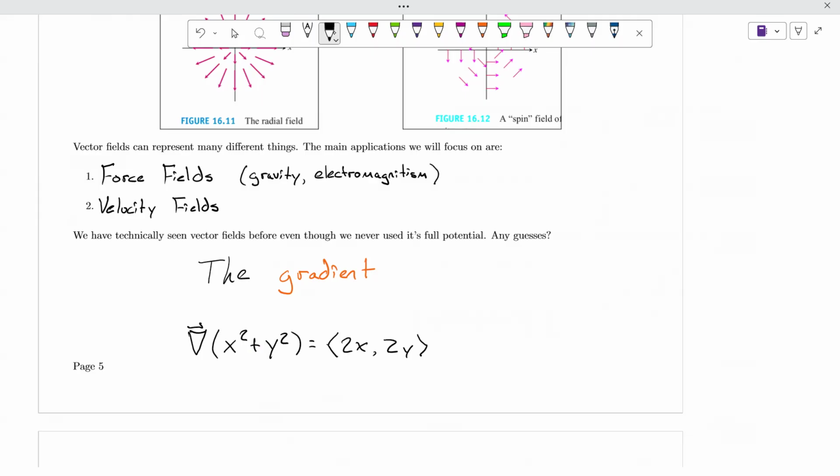And as we've already looked at in the course, we actually have seen a vector field before, and that's when we did the gradient. So the gradient, which took a scalar function of x and y, or maybe x, y, and z, turns it into a vector valued output. That is going to be an example of a field. The gradient of a function will generate a field.